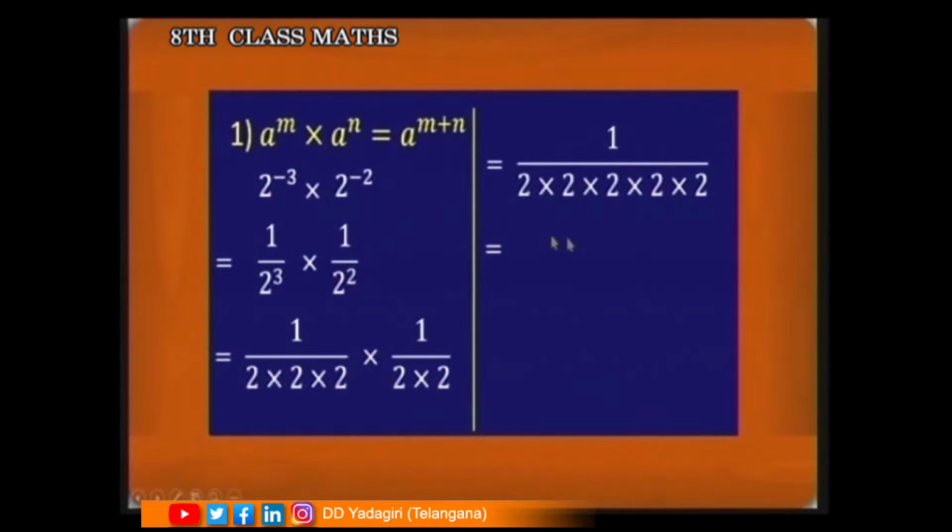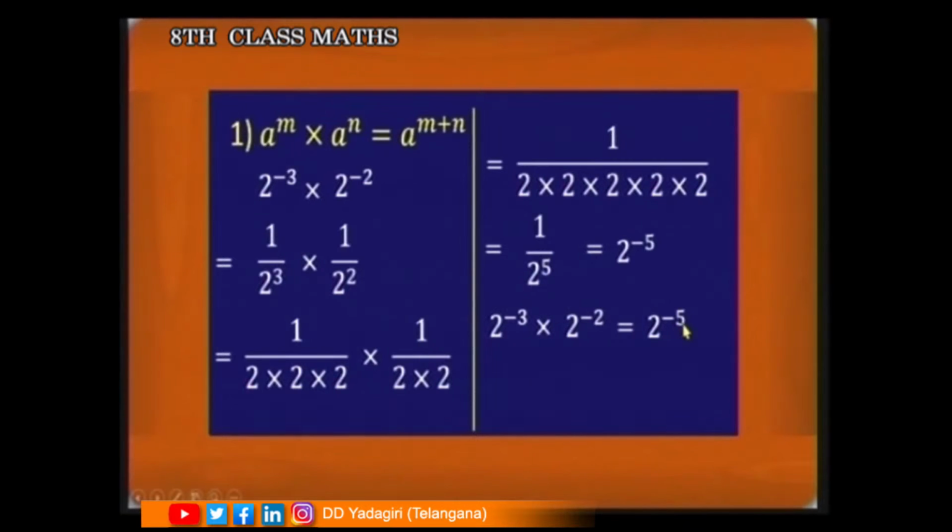And how do you write this in exponential form? 1 by 2 to the power of 5, because it is multiplied by itself 5 times. And you know 1 by 2 to the power of 5, we can write it as 2 to the power of minus 5, as we discussed few minutes back. Now you observe 2 to the power of minus 3 into 2 to the power of minus 2, we got 2 to the power of minus 5.